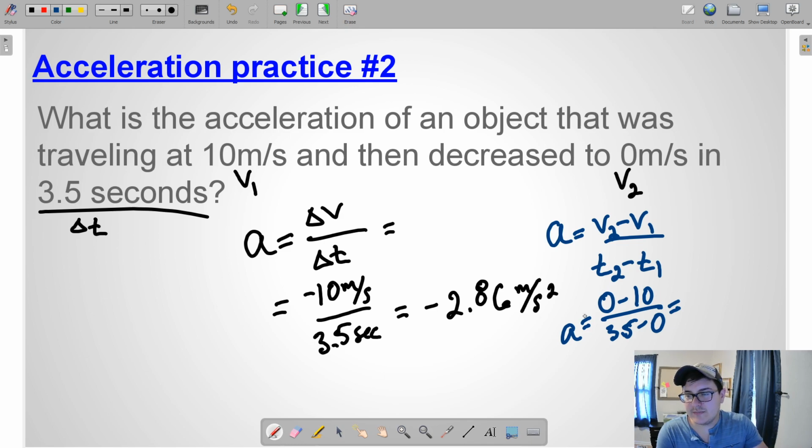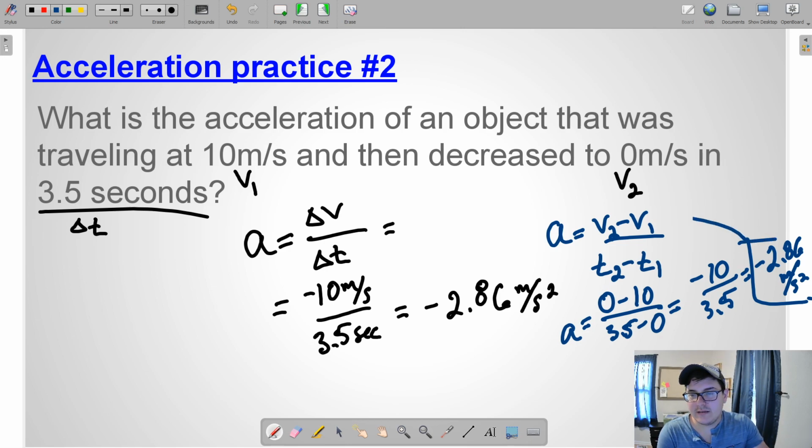So that still gets me to 0 minus 10, which is negative 10 over 3.5, and gets us to the same answer of negative 2.86 meters per second squared. Okay, we get the same answer here as we do right here.